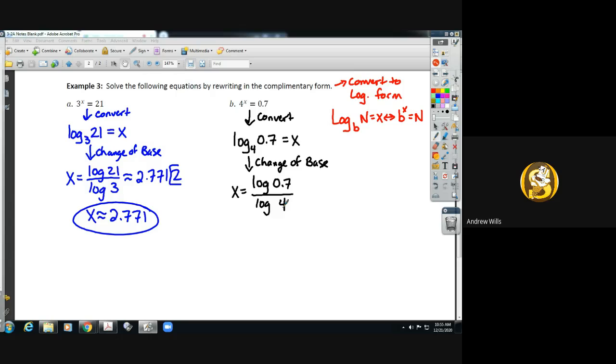Type that into our calculator, making sure to close parentheses, and we get negative 0.2572. Again, looking at that fourth digit, because we're rounding everything to thousandths today, that 2 would tell us to round down to negative 0.257.